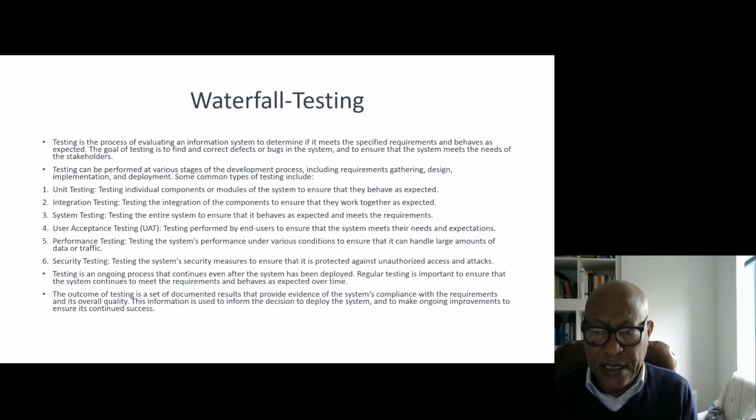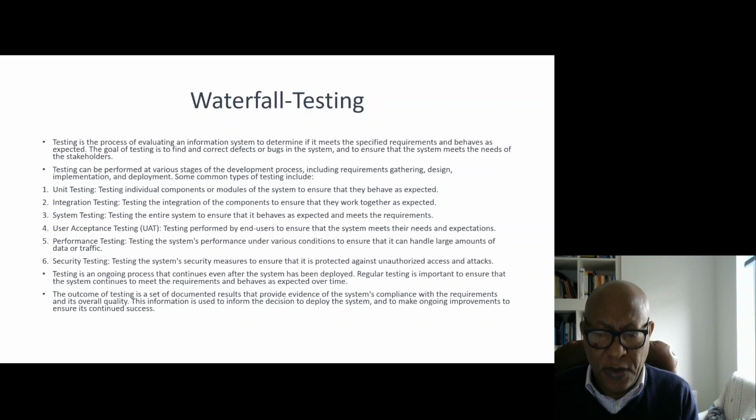Then integration testing, testing the components to ensure that they work together, that those elements come together to work as a system as a whole, and then the whole system is tested. Then you look at user acceptance testing, where the user comes on board to test how the system works and how it feels to operate it.